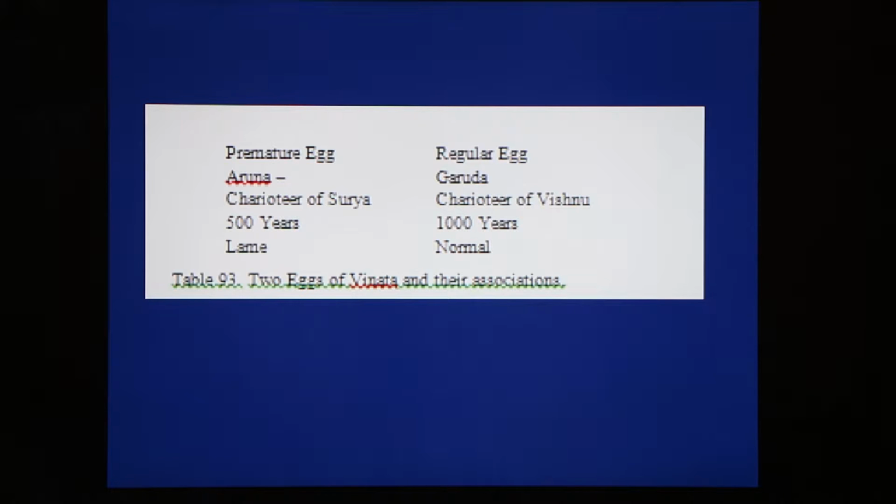The regular egg produces Garuda, who becomes the charioteer of Vishnu. The premature egg takes 500 years to hatch. The regular egg takes 1,000 years to hatch. The premature egg produces a person who is lame. The normal egg produces a normal person. And that is the starting point of two different races, one perfect and one imperfect.